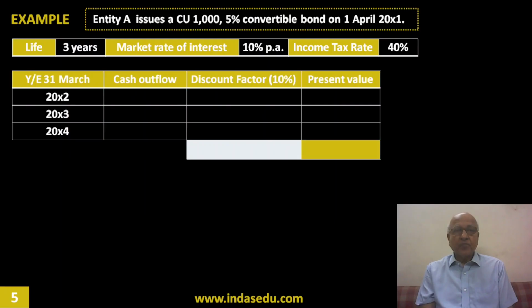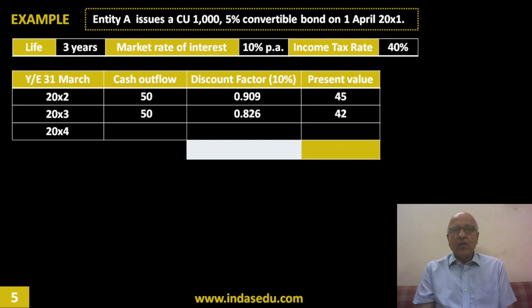First year, what is the cash outflow? The entity has to pay 50 rupees cash outflow as interest, that is 5% on 1000 rupees. Discount factor at 10% is 0.909. So 50 into 0.909 is 45. Likewise, next year again 50 rupees is paid. Discount factor 0.826.